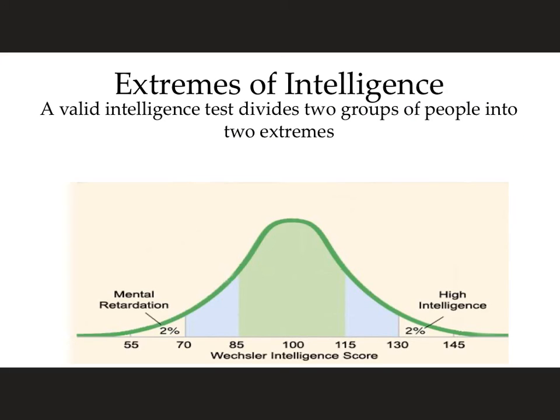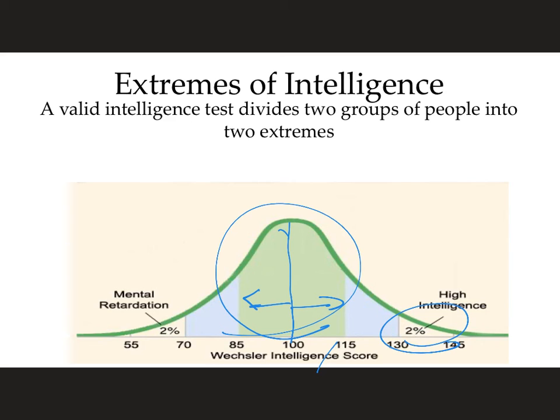Now, there are two extremes of intelligence. Like I said at the beginning, most of you are going to fall within this range of intelligence. Intelligence does make up a normal bell curve. Most of you are going to fall within one standard deviation of the mean. If that's the mean, you're going to fall within one standard deviation one way or another. Now, there are a select few who do very, very well, who are going to score in the top 2%, and they are considered high intelligence.